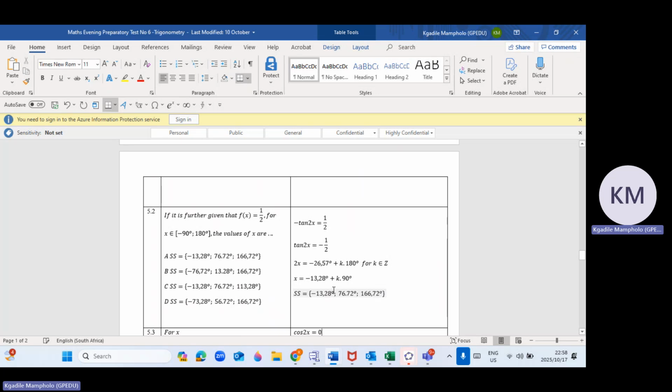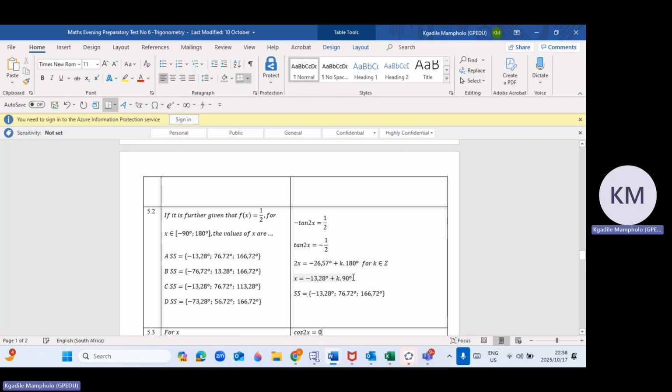By looking, you can see that if k is minus 1, the answer will not be in the given interval. So if minus 1 is not working, you go for 0. Remember, k is an integer. If you go for 0, 0 times 90 is 0, so the first value will be negative 13,28.